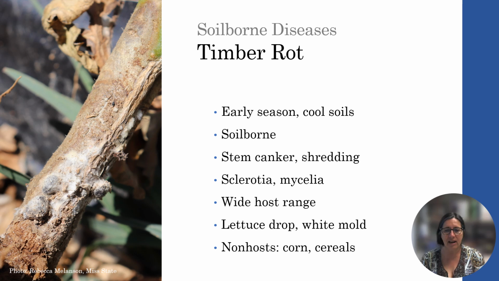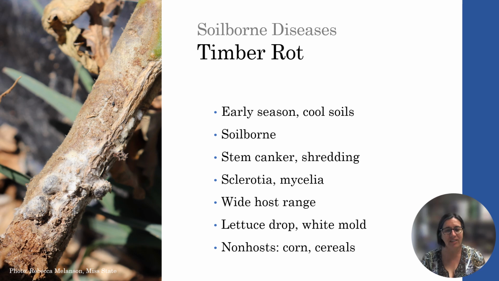And inside that cracking, you'll see sclerotia and mycelia. So sclerotia are the black survival structures of the Sclerotinia pathogen. And in the image to the left, you'll see a couple of those black sclerotia there on the surface, and they're covered by the mycelia or that filamentous fungal body. But once you crack open that stem, there'll be lots of sclerotia in there.